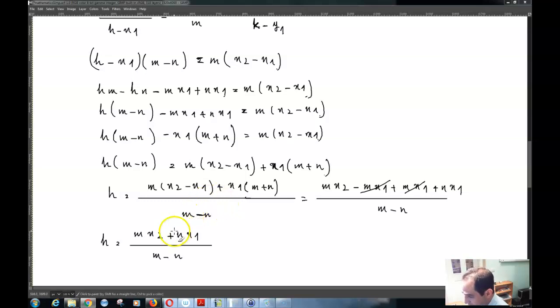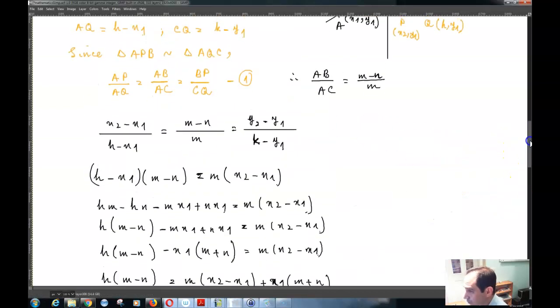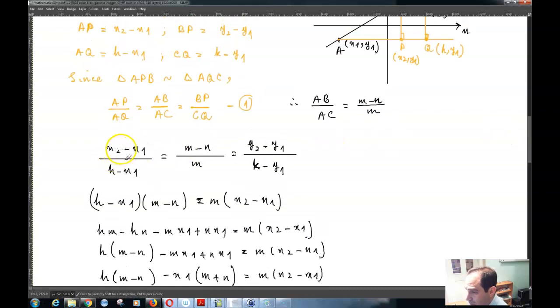And there is a problem here. I think I made a mistake somewhere over here. We said that this was AP, which was x2 minus x1, this was AQ, which was h minus x1, and AB to AC was m minus n over m, and BP was y2 minus y1, CQ was k minus y1.